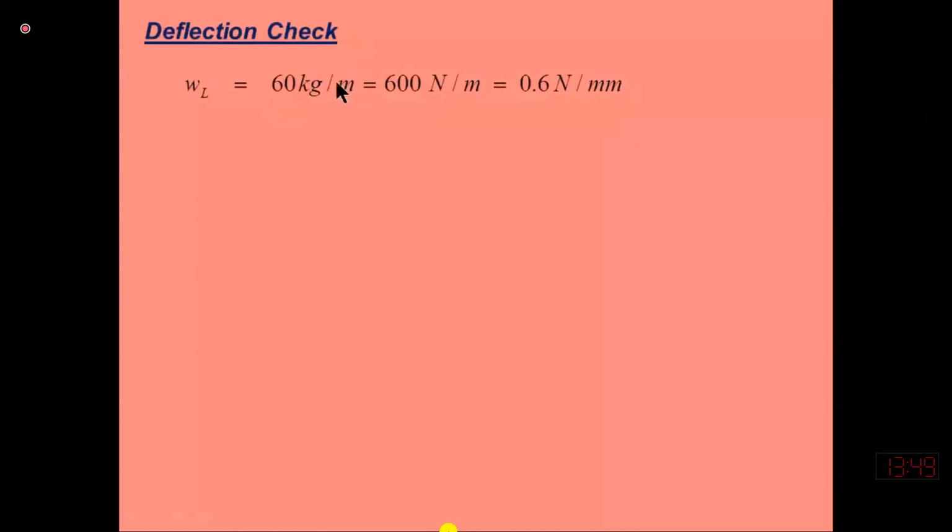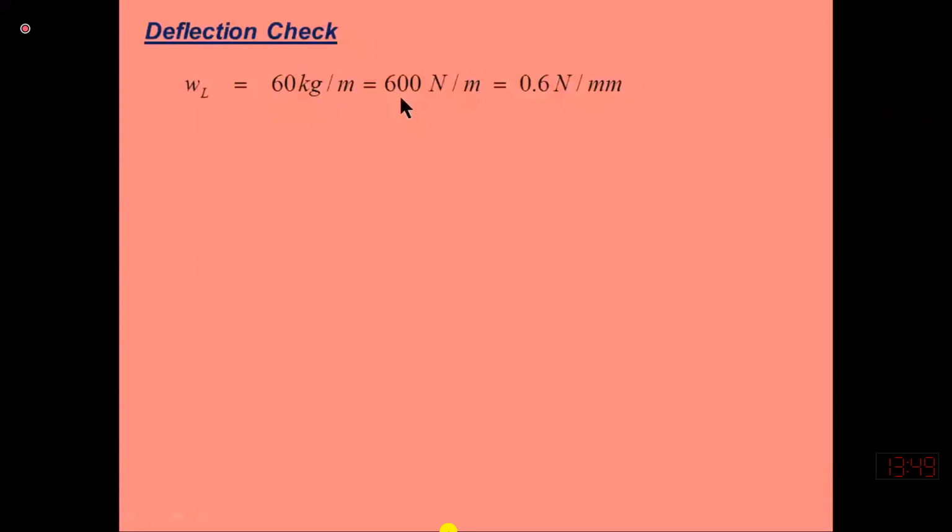And since we are considering the unit width of the sheet, if we multiply the 60 kilogram per meter square with 1, we will have the UDL, which will be 60 kilogram per meter. You can convert it into Newton per meter or simply Newton per millimeter, because I have considered the g value as 10.